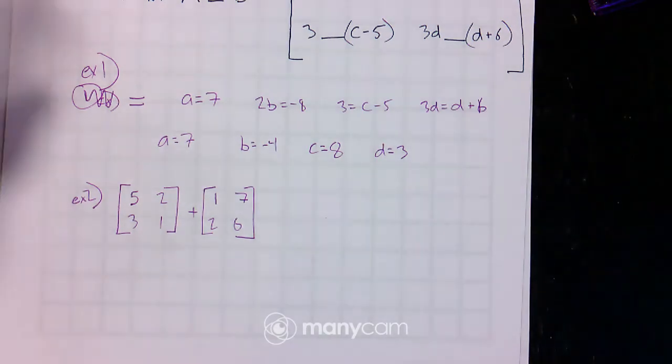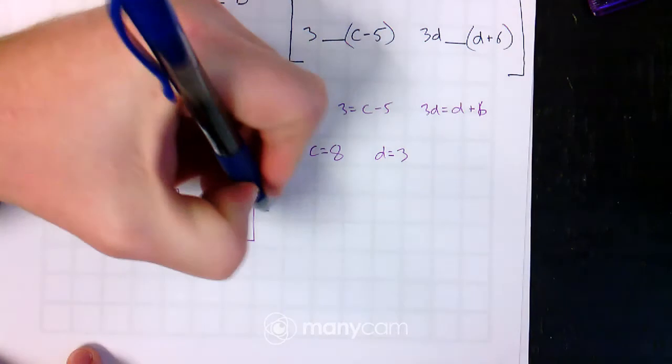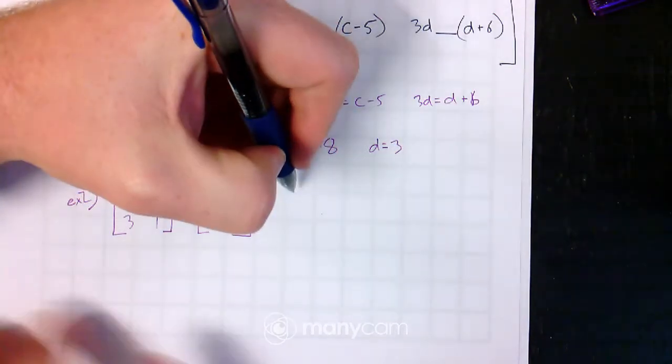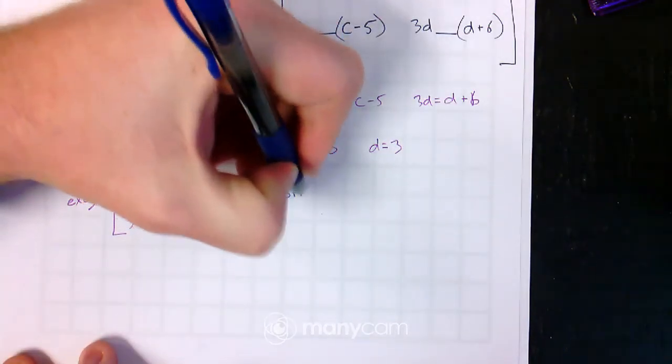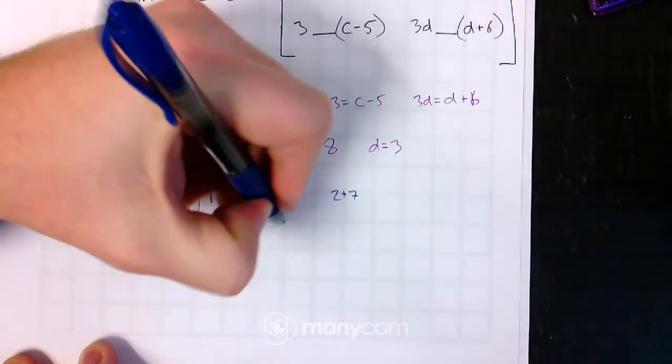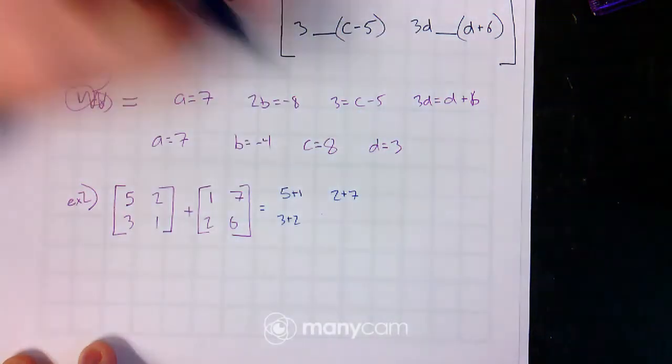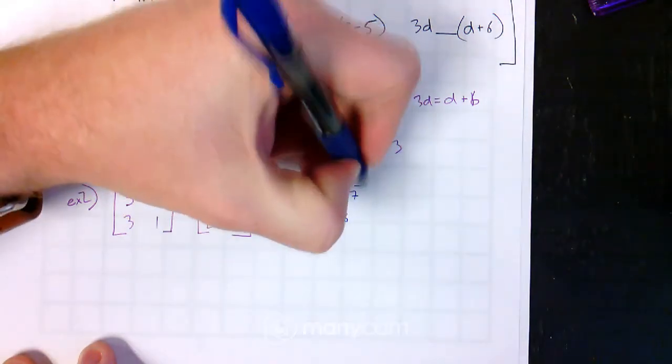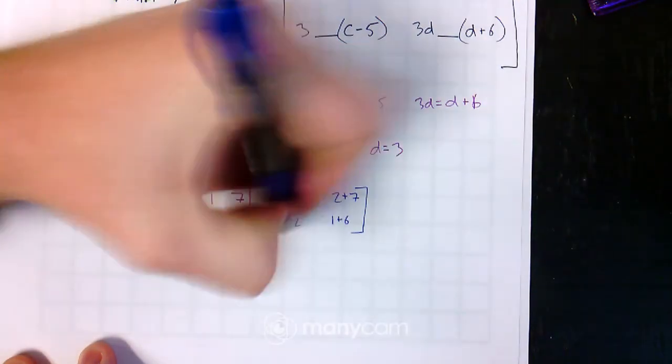I'm just going to add all the tops and the bottom. So I'll do 5 plus 1, 2 plus 7, 3 plus 2, 1 plus 6. Now, doesn't that seem like you could just do it in your head?